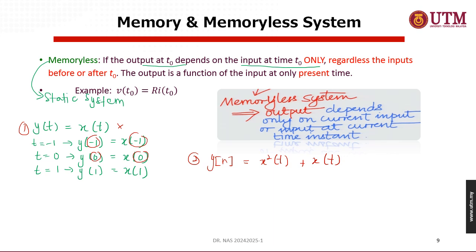If we try different t values, we notice that the same t at the output depends on the same t at the input. Therefore, this is a memoryless system, since it does not depend on the future or the past values.